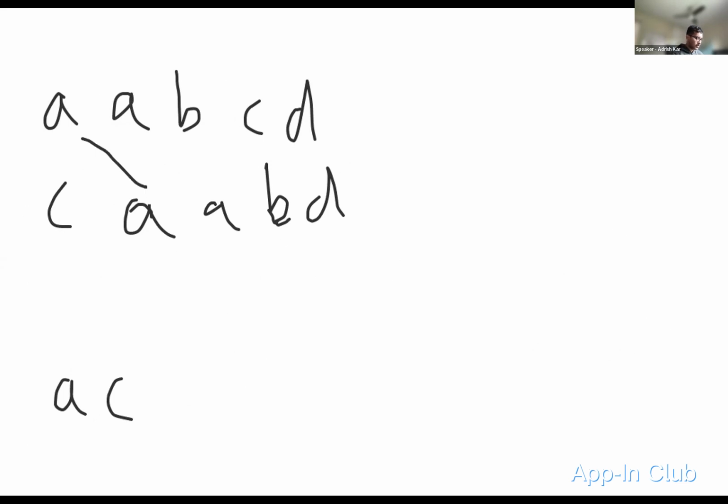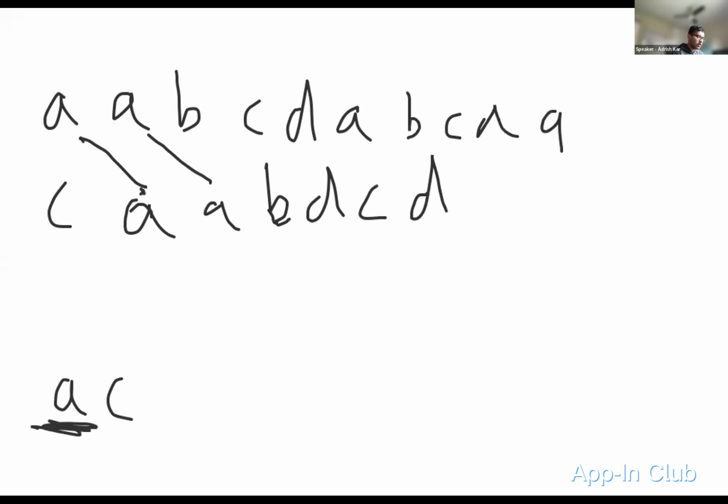The first letter I have in this subset is A. So if I draw these two lines, the first occurrence of A in the first string is connected to the first occurrence of A in the second string. And if I had another A, let's say, this is kind of what I envisioned.